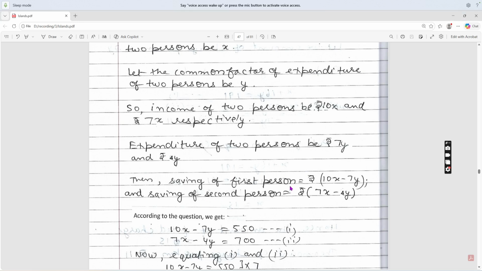Now saving would be income minus expenditure, for each person.